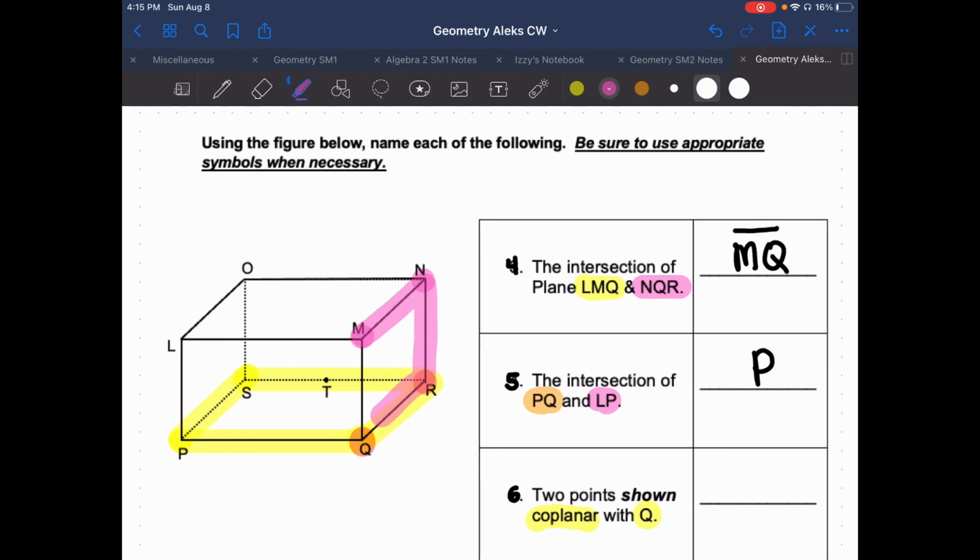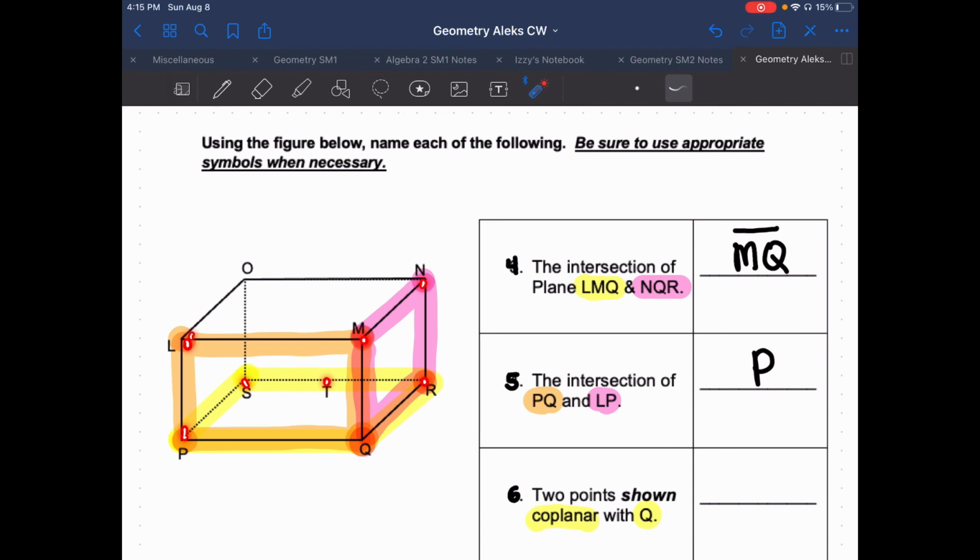Q is also part of the right side. So you could also use M, N, or R. And lastly, Q is part of the front. And so you could use any of the letters L, M, or P. So what I want you to notice is there are lots of different choices. You can choose P, S, T, R, M, or N. You only need 2.